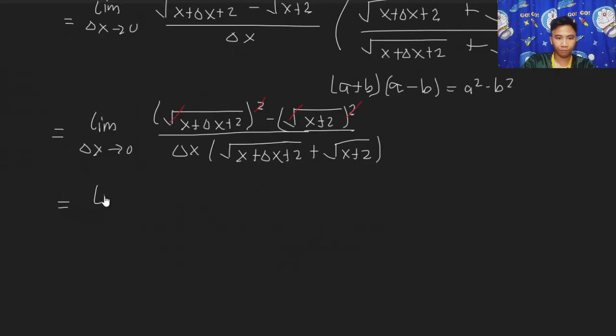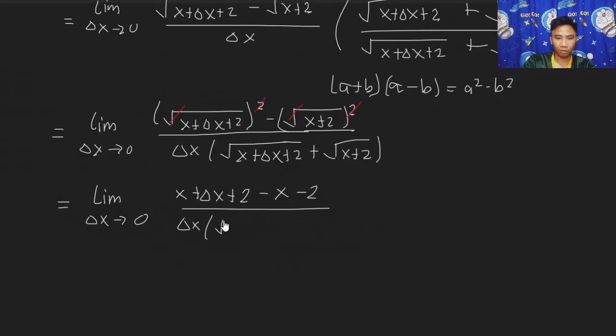So our new function will be, what is left? x plus delta x plus 2, then negative times x becomes negative x minus 2, all over delta x times square root of x plus delta x plus 2 plus square root of x plus 2.